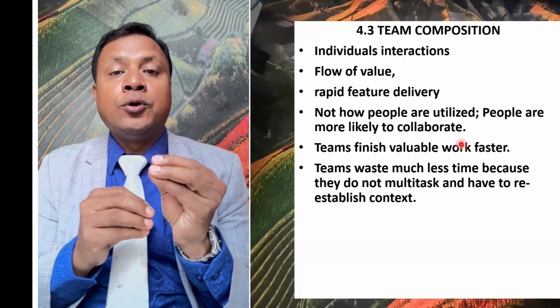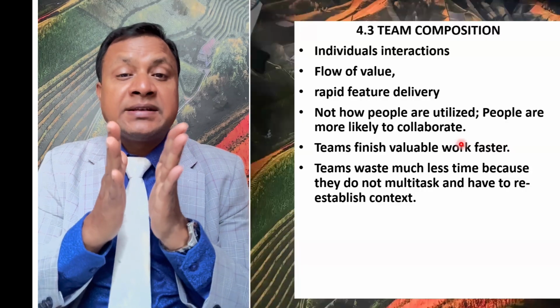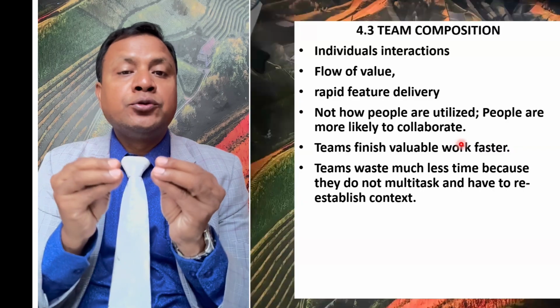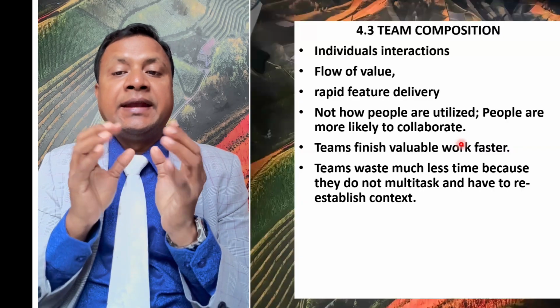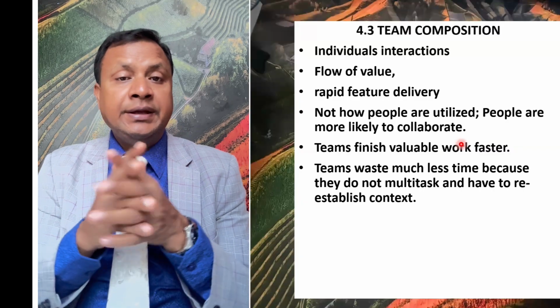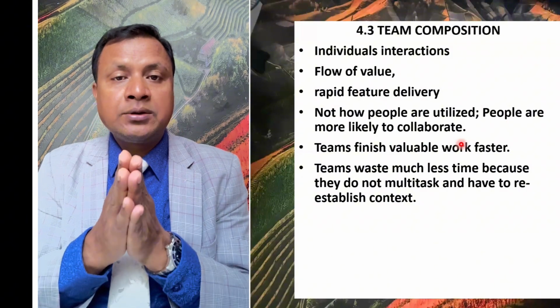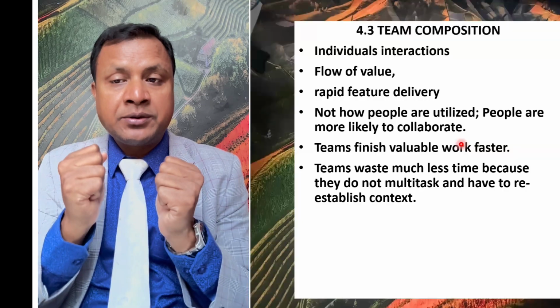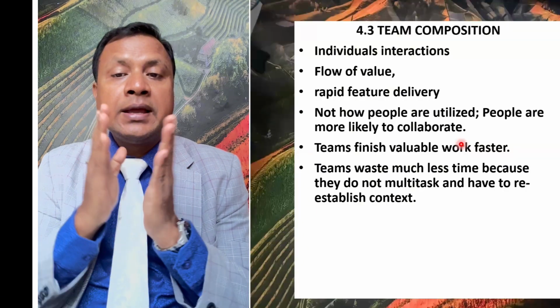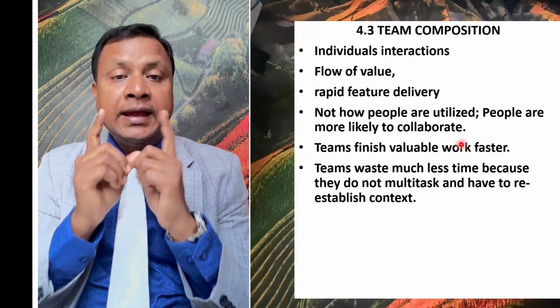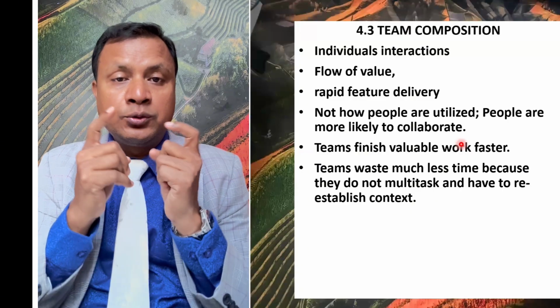And agile teams waste much less time because they do not multitask and have to re-establish context. They do not do any multitasking. They focus on the work in which they are expert, and they do it as per the context and reach the goal to achieve the value.